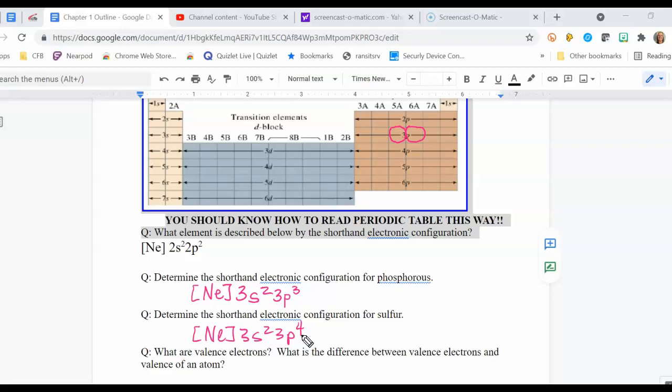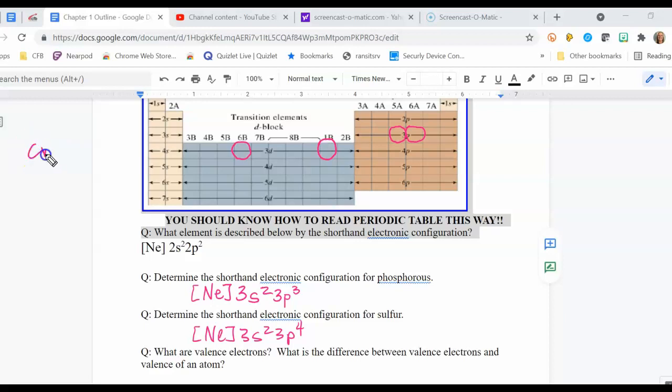One of the things you need to pay attention to are our two exceptions, chromium and copper. Please keep in mind that they both steal an electron from the s into the d.